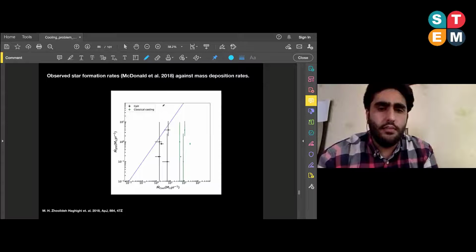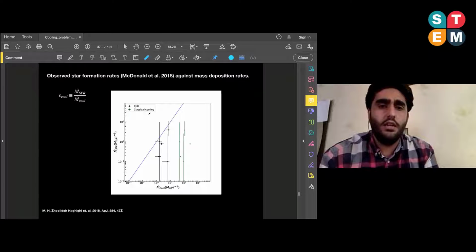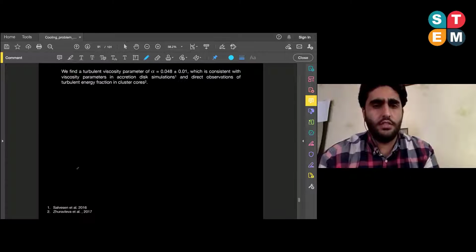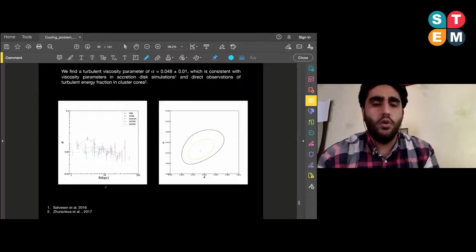And the black points are CPH predictions, and the green points are the classical cooling model. And based on these quantities, we can define an epsilon, which is cooling efficiency. And cooling efficiency for our model is 0.33, and for classic cooling is 0.01. Which shows that our model is more efficient.